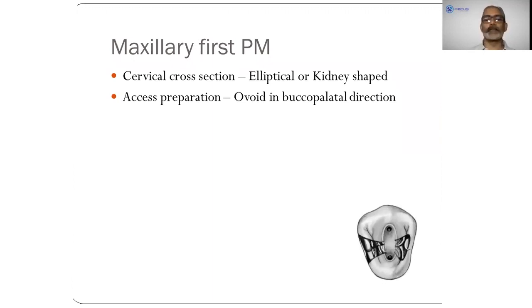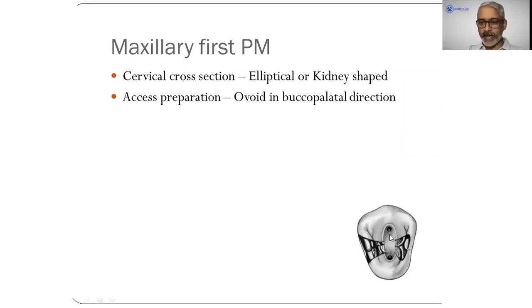Maxillary first premolar. The cross section of the maxillary first premolar in the cervical region is elliptical or kidney shaped. So the access preparation for the maxillary first premolar is ovoid.